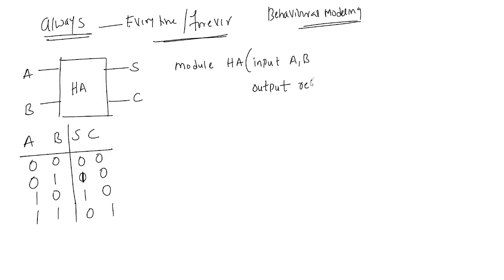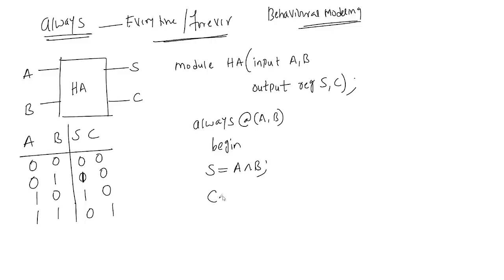It should be reg data type. And I'm using always at the rate a comma b. If there are multiple statements, I need to write them within begin and end. So that can be hybrid modeling also. Begin, s equal to a XOR b, and c equal to a and b. End module.